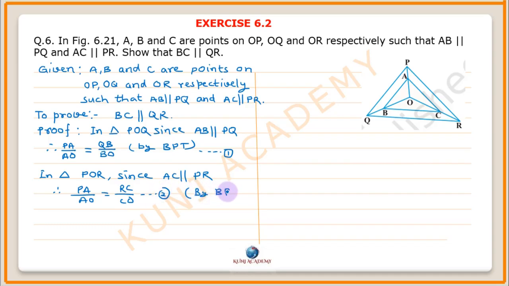By BPT, basic proportional theorem, we see that in equations 1 and 2 their left hand sides are equal, therefore the right hand sides will also be equal.